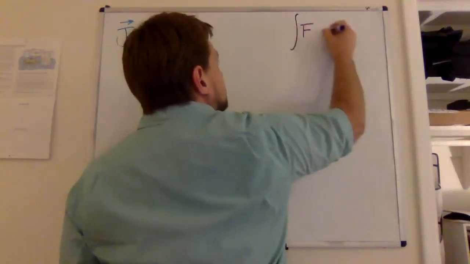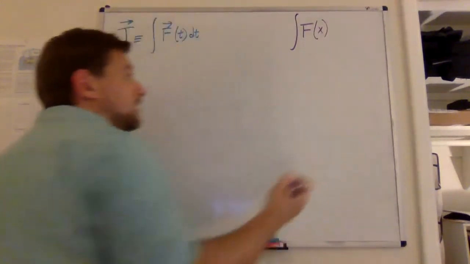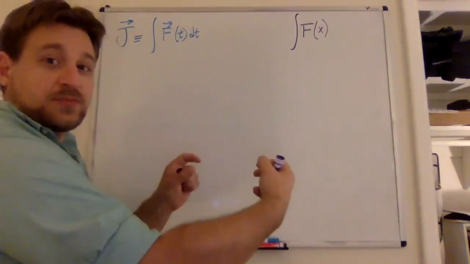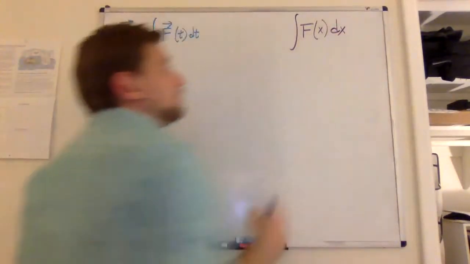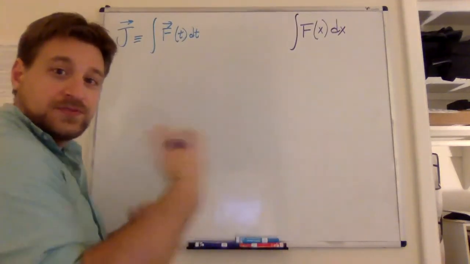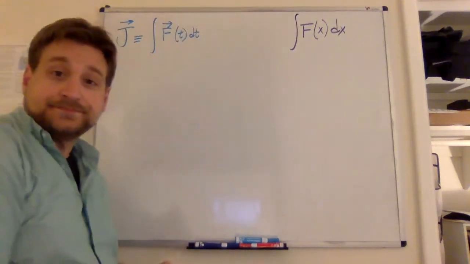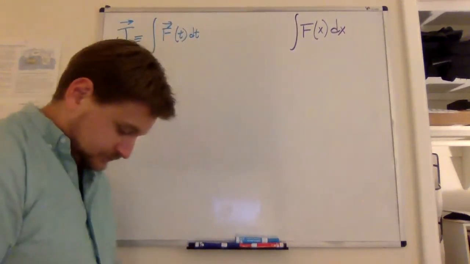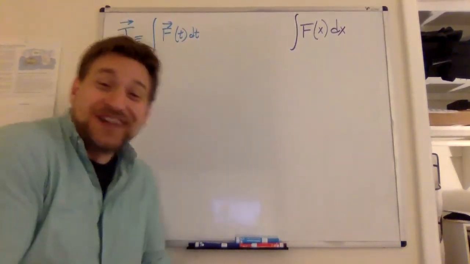Force integrated, it's a function of where we are. It's a function of where the end of that spring is relative to where it started. And we integrate with respect to distance traveled instead of time elapsed. What if we define that?